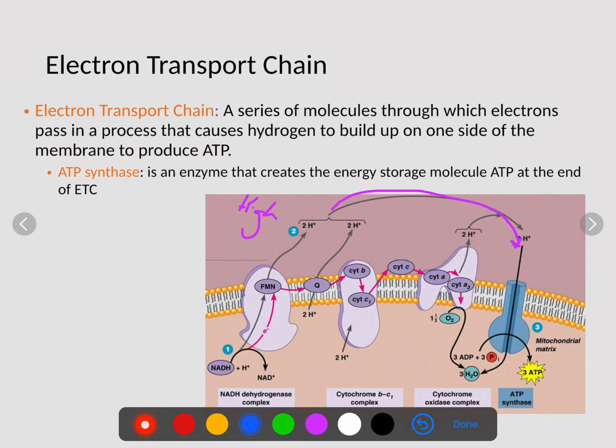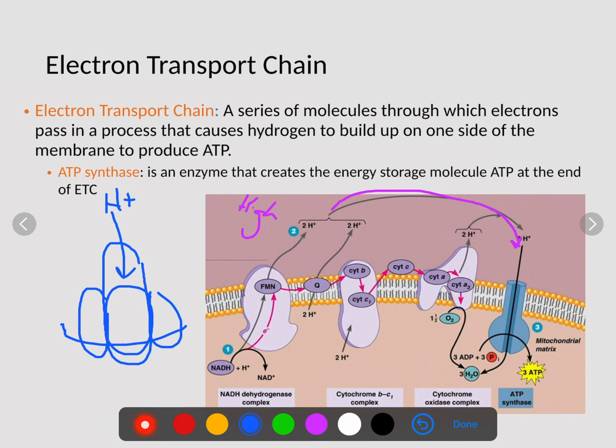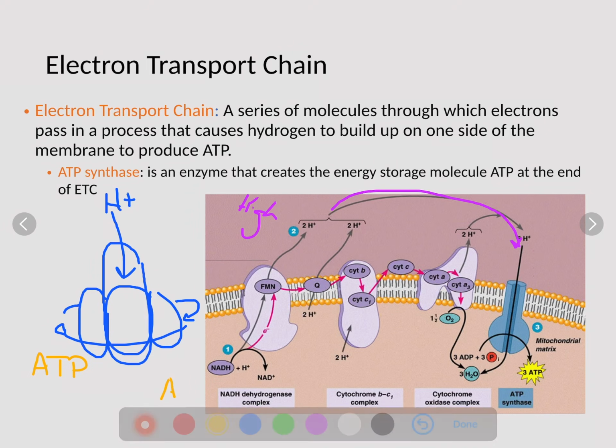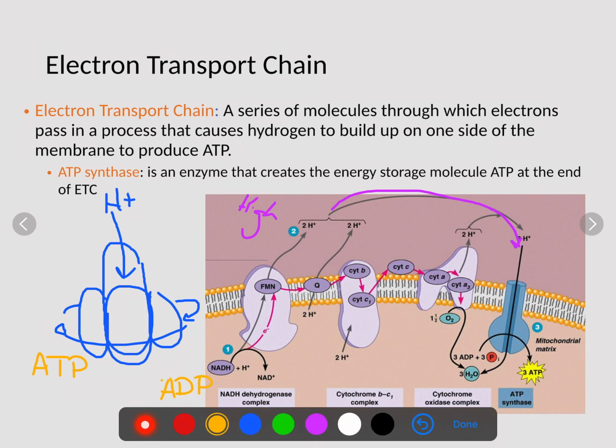Now, ATP synthase is an enzyme that creates the energy molecule ATP. So what happens here is this molecule of ATP synthase is almost like a turbine. So these hydrogen ions flow through this turbine, and this begins to spin. Now, as it spins, ATP is being produced from ADP.